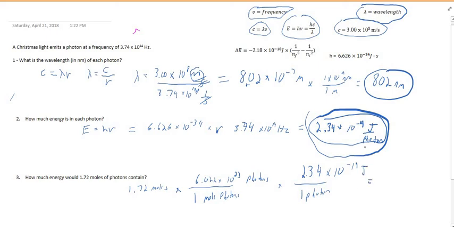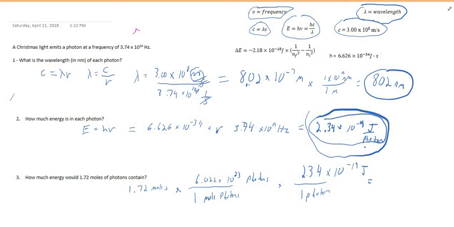And so if we just do that math, 1.72 times 6.022 times 10 to the 23rd times 2.34 times 10 to the minus 19th.